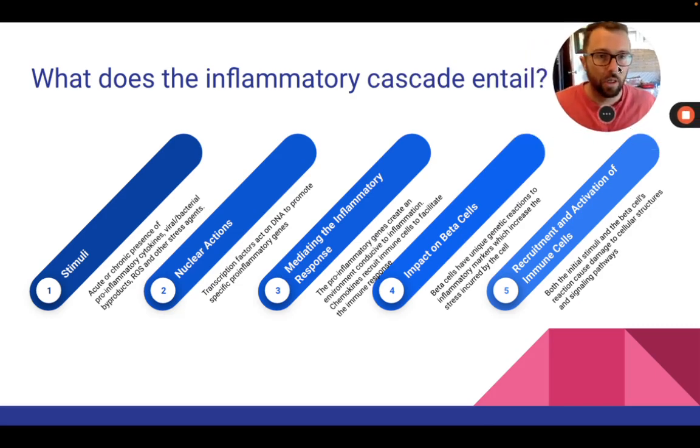So let's talk a little bit more about what an inflammatory cascade actually entails. What does immunity mean? How does inflammation come about? So first step is an initial injury. What is the first stimulus? There has to be something that starts the ball rolling.